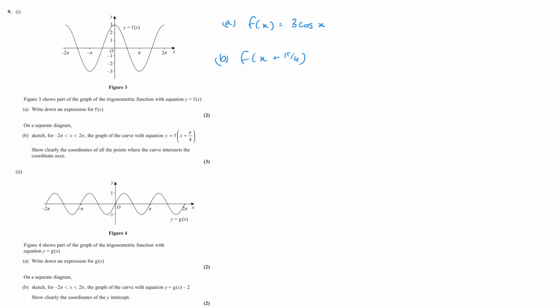So that is going to move my graph pi by 4 to the left. Okay. So I'm just going to put this here. Now originally it was there, the x-axis, but since I'm shifting this all to the left, it's like moving this to the right.